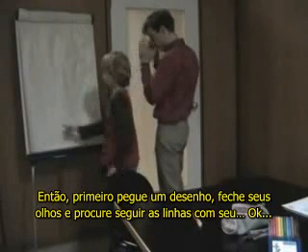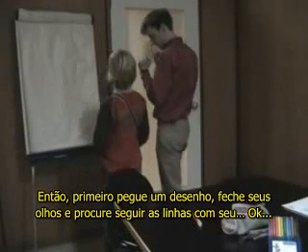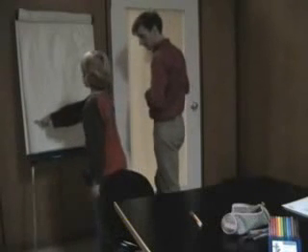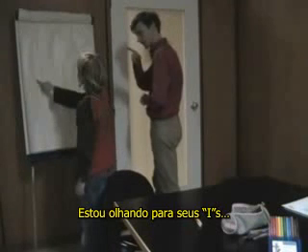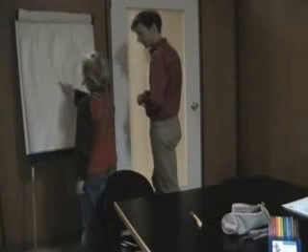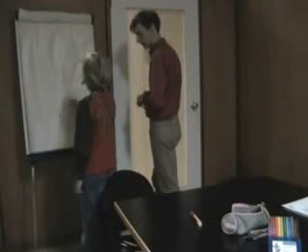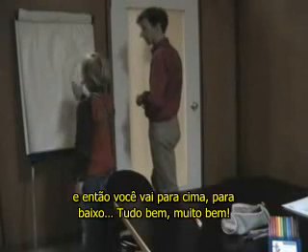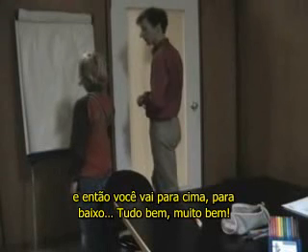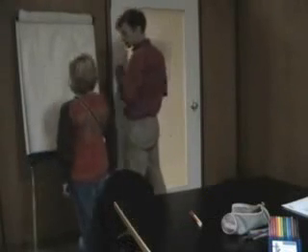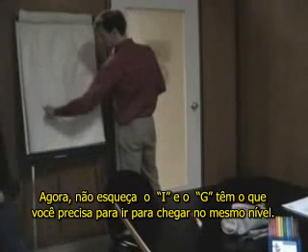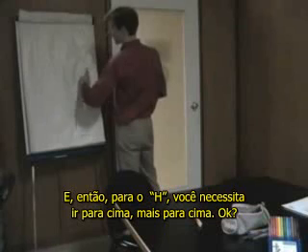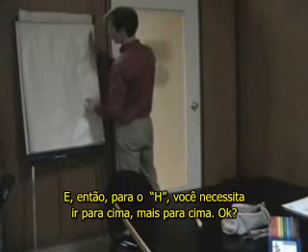So first take a picture and then close your eyes and try to follow the lines. And then you go up, down. Alright, very good. Now don't forget the I and the G, you need to go up to the same level. And then for the H, you need to go further up.